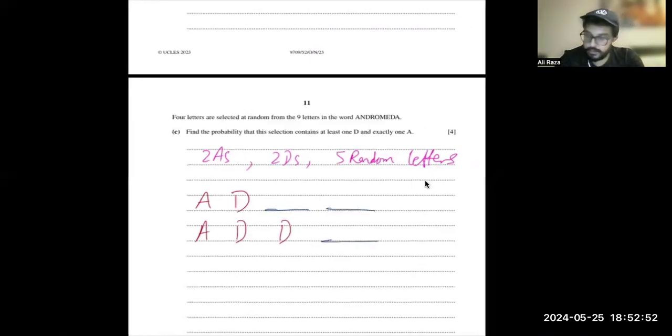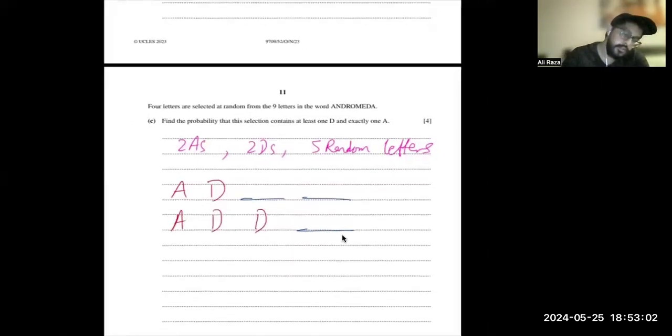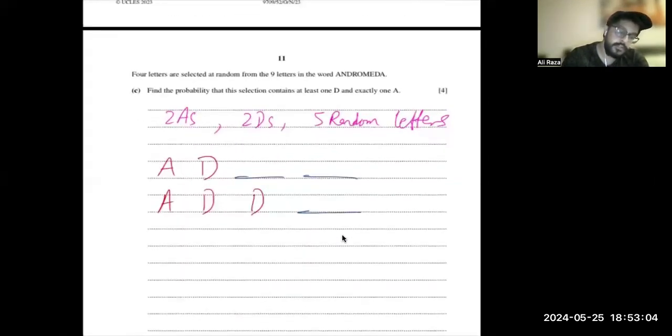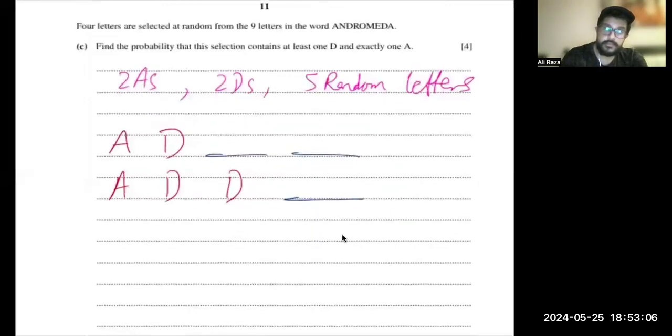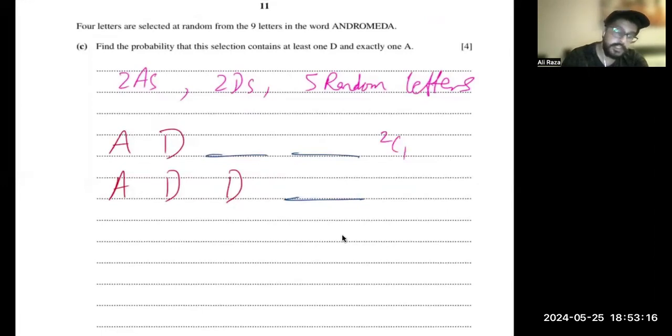These are the 2 possible cases. 1 A, 1 D, and 2 random letters, or 1 A, 2 D, and 1 random letter. So for A, we have 2C1. For D, we have 2C1 as well. And for the random letters, we have 5C2 in the first case.